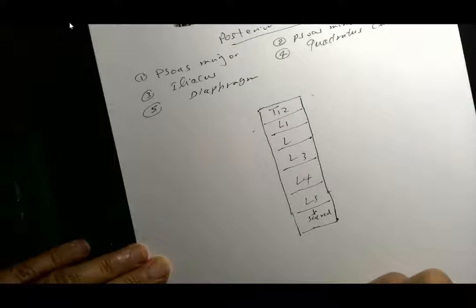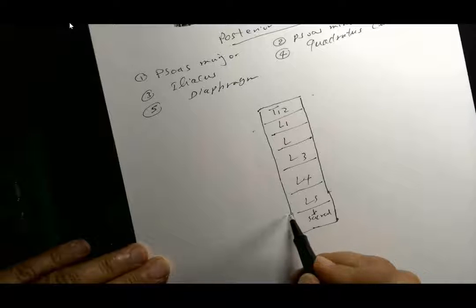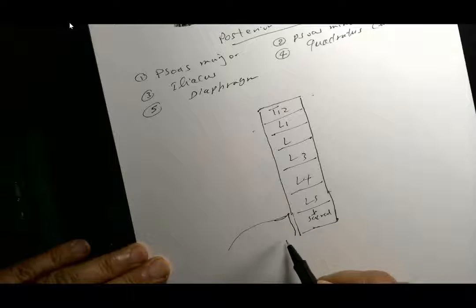Then we have the articulation between the sacrum, the sacroiliac joint. Okay, let us imagine that this is the iliac crest and this is the hip bone.